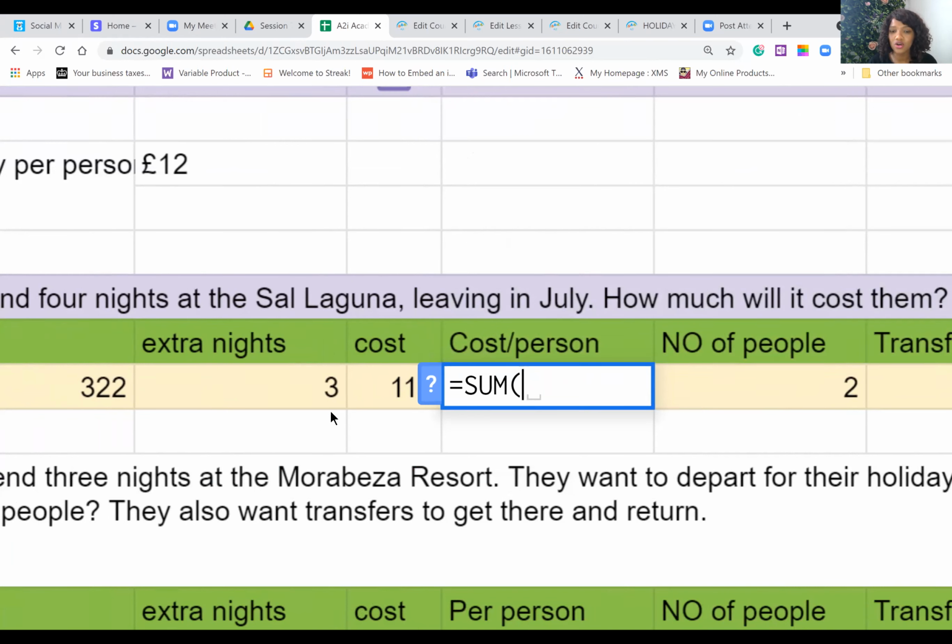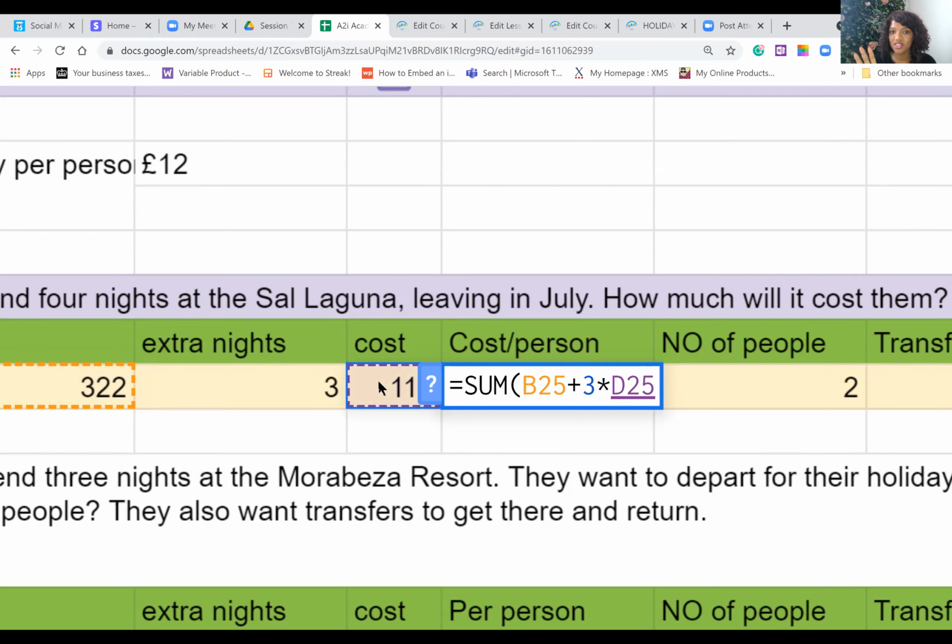And I need to know first and foremost, how much is it for the first night? So that's the first night. And we need the other 3. So that means I need to add 3 nights times the price per night, which is 115. So I press where the 115 is.